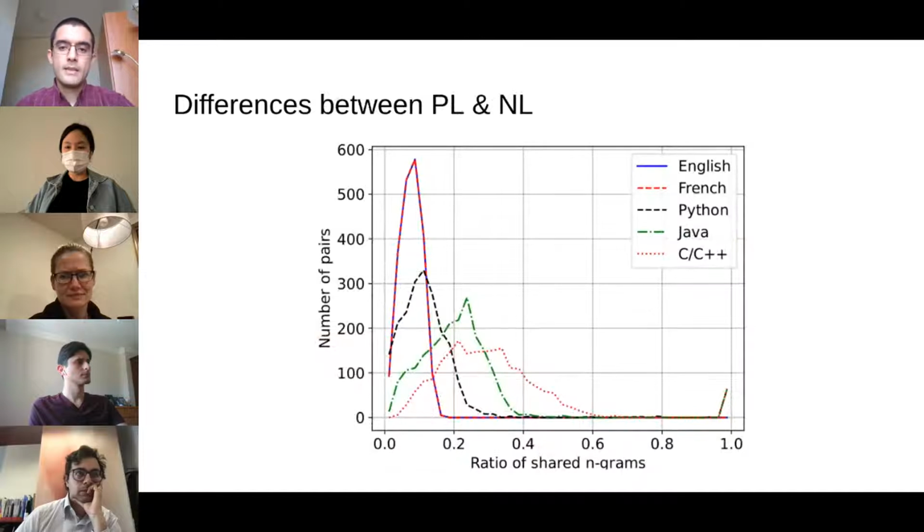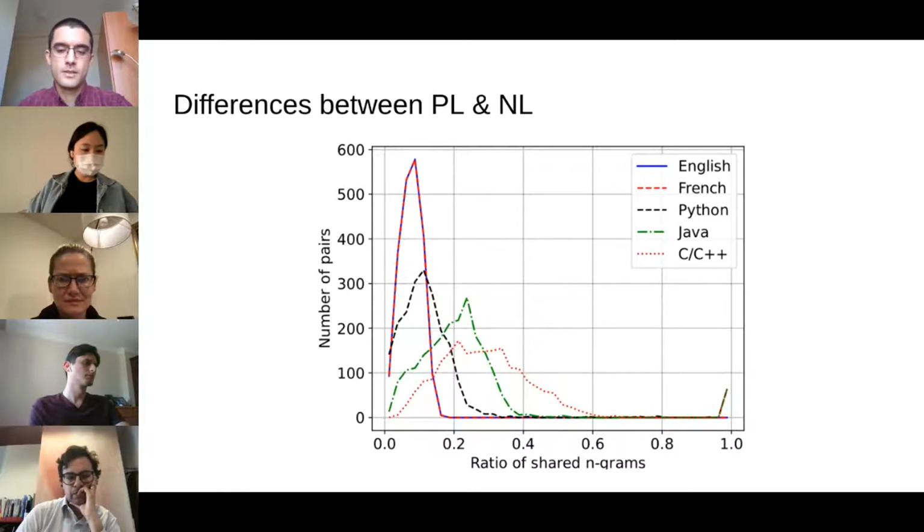As you can see in this figure, the ratio of shared n-grams between two random pieces of text or code is much lower in natural languages like English or French than in programming languages like Python, Java, and C. In more verbose programming languages like C and Java, this ratio is higher.